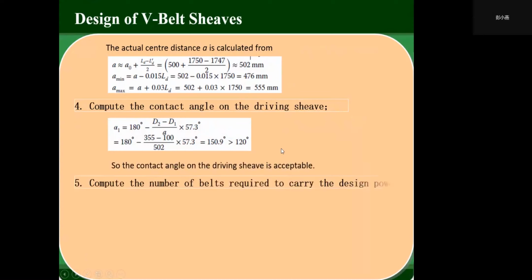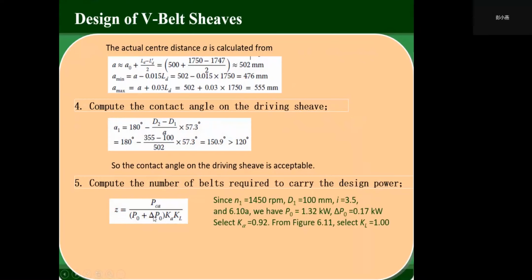So the selection is acceptable, and then compute the number of belts required. We use this. So we should choose P0, delta P0, K alpha, and KL.